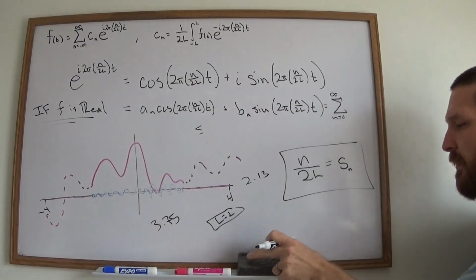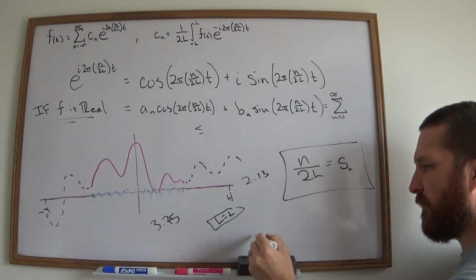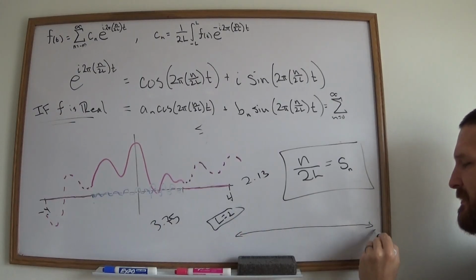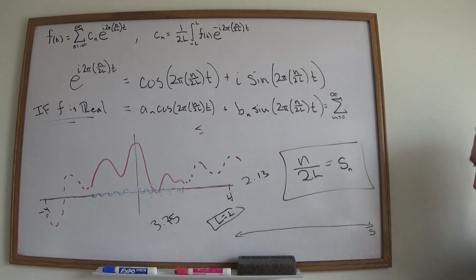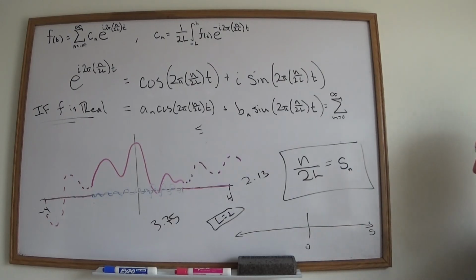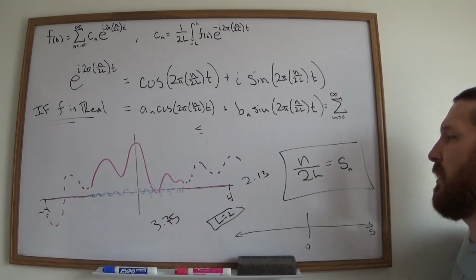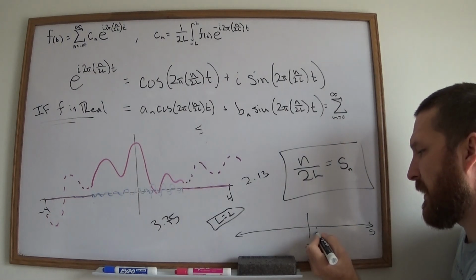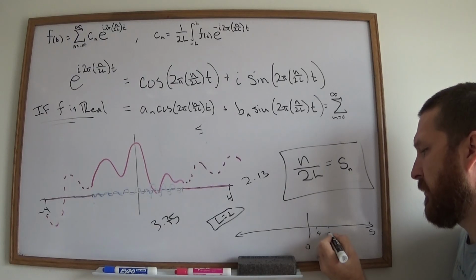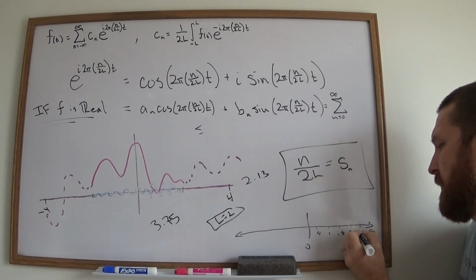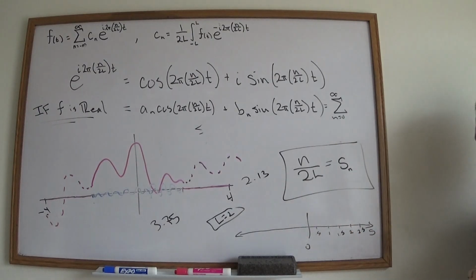now let's think about over here in frequency. Let's make a new axis. Let's call this the S axis. Let's say this is 0 right here. When we started off, when L was 1, we were able to get 0.5, 1, 1.5, 2, 2.5, and so on. That was when L equals 1.